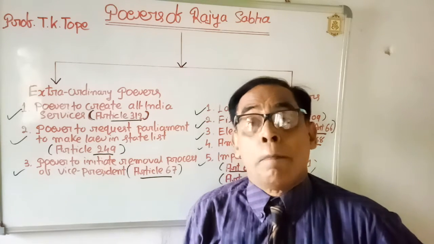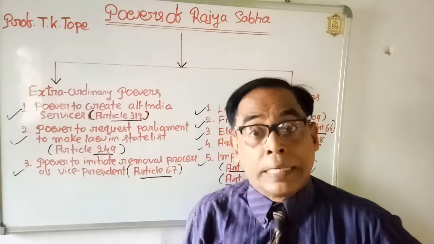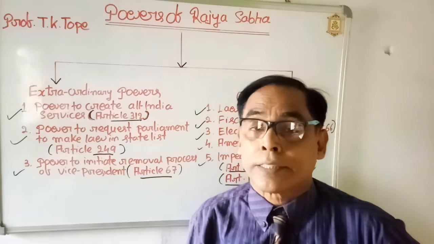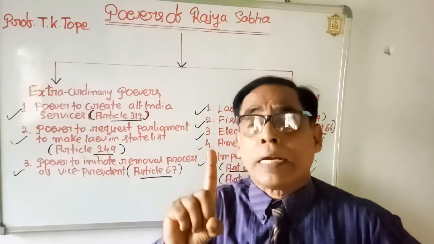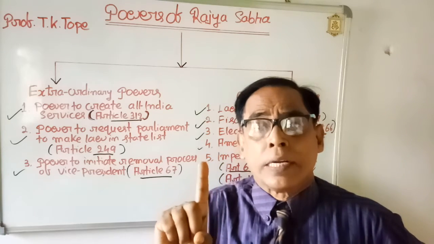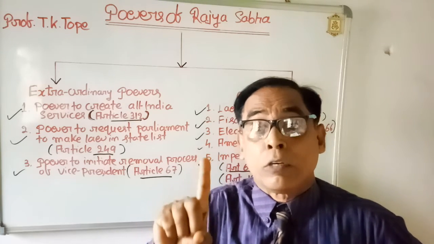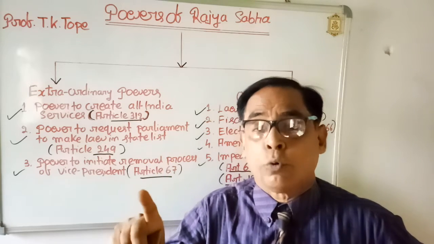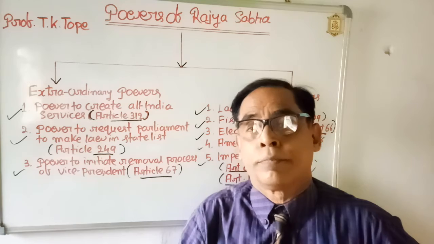And at that time, Parliament will take steps to create one or more all India services. So Parliament will create one or more all India services whenever it will be requested by Rajya Sabha by 2/3 majority support in the national interest.